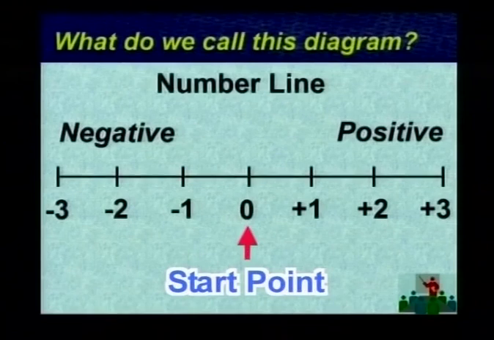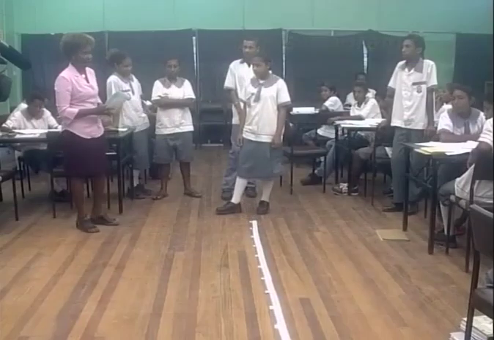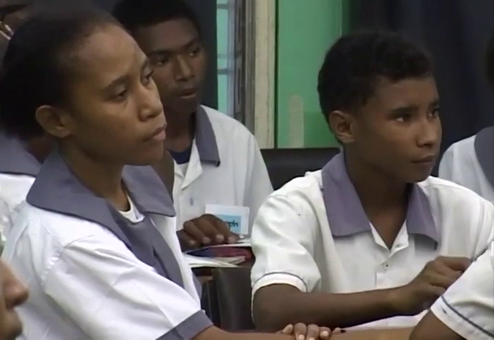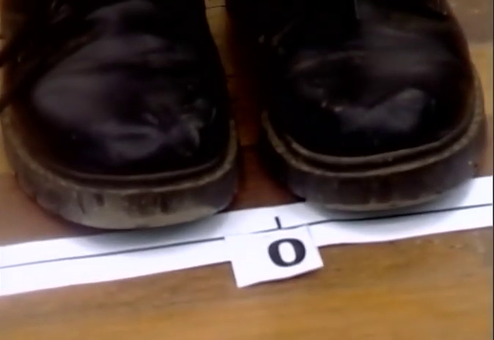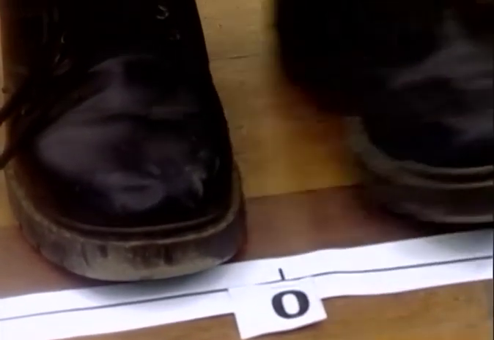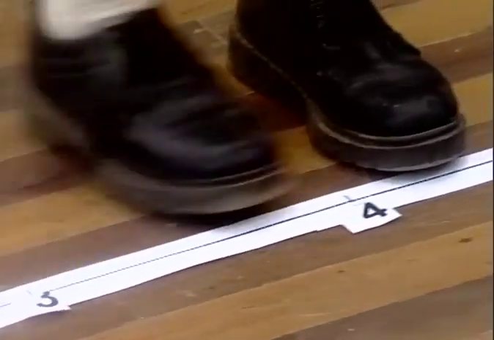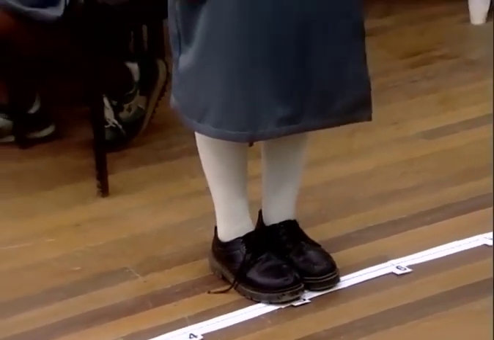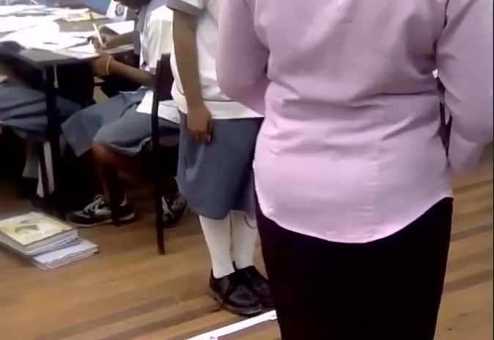Okay, Yonita, I'd like you to stand at 0, and you are going to move positive 5. Class, I'd like you to stand and watch. Okay, Yonita will be moving positive 5. Start. From there, I will be giving her a secret letter.